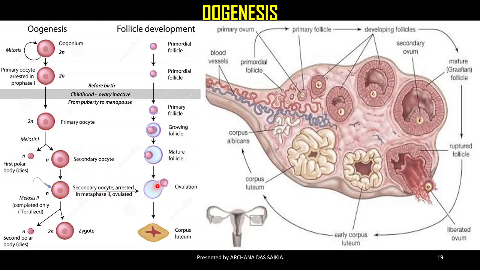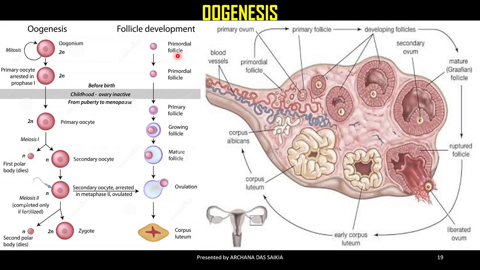In that state itself, it will be released out from the follicles. Ovulation will take place, and if fertilization occurs, then it will complete meiosis 2. If no fertilization, then it will never complete meiosis 2. That part of course we will talk about later.